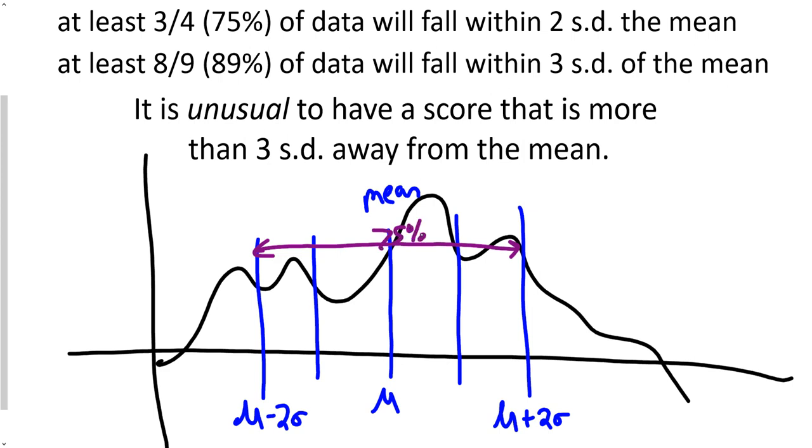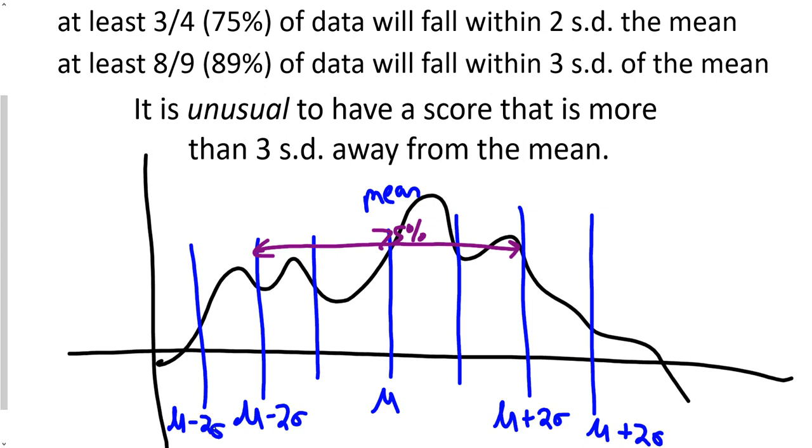of your data. Now, if you go 1 more standard deviation away, a 3rd standard deviation, that would be taking your population mean and adding or subtracting 3 standard deviations.